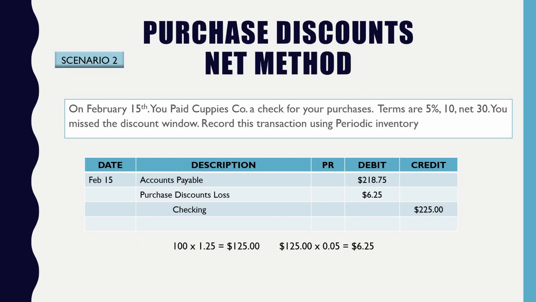Because I was irresponsible and I missed the payment. So I do need to technically add it back in there, and that's exactly what we're doing here, because in the very beginning, we took that discount out first thing, because we're under the net method.